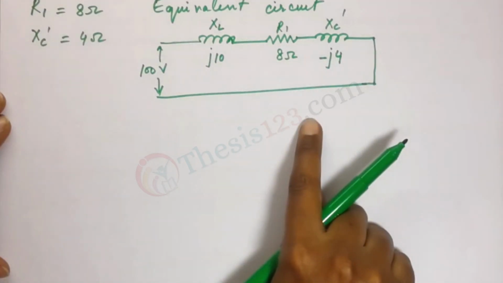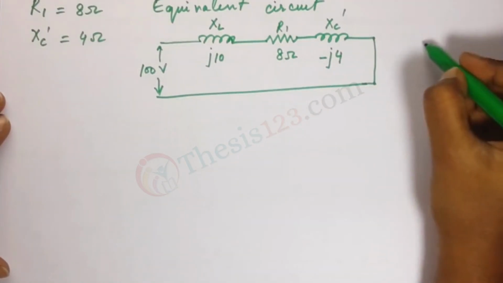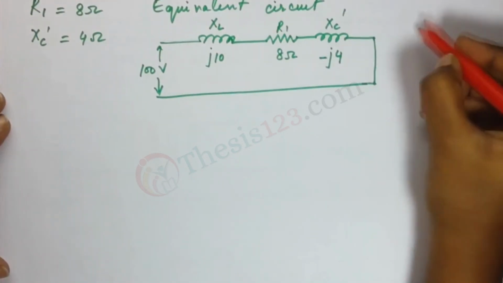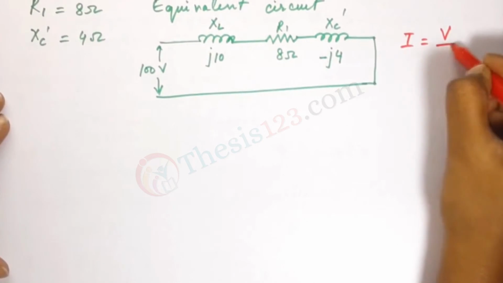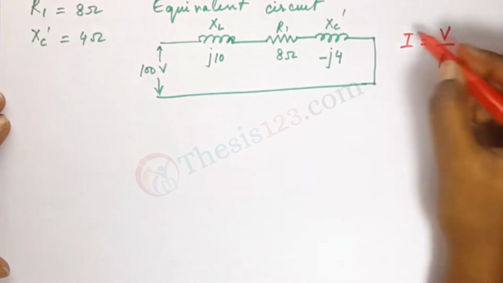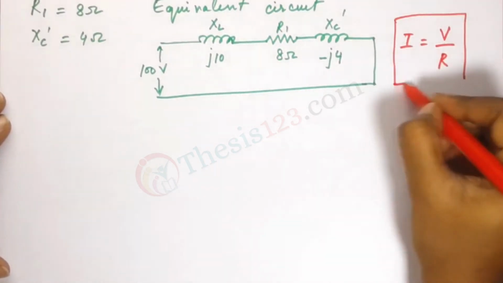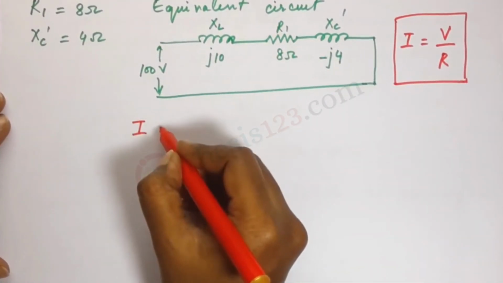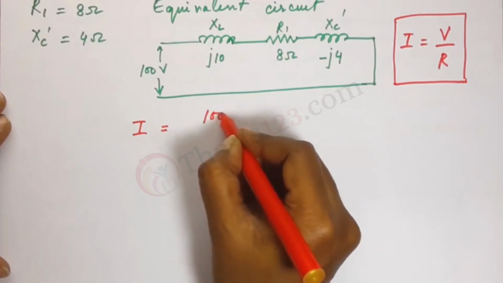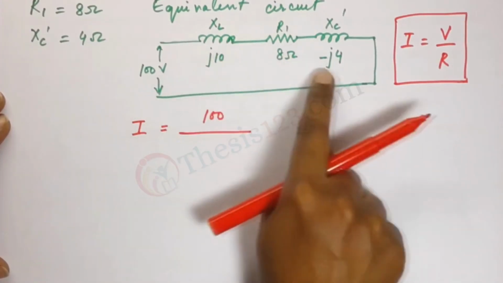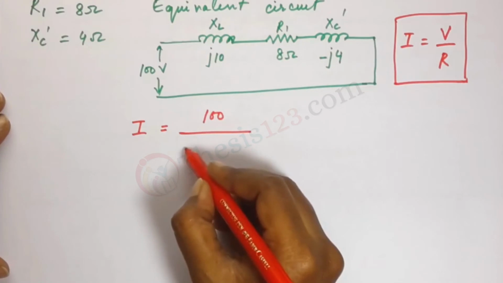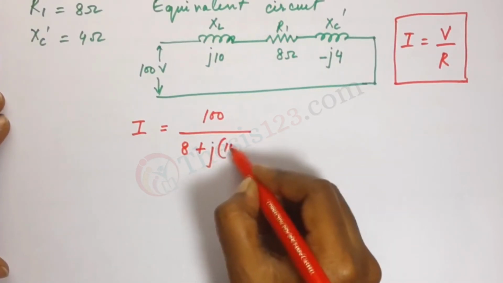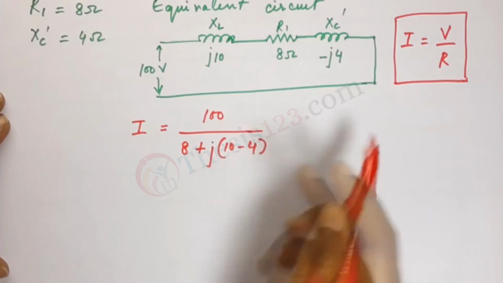Now, let's calculate. We need the current. In general, we know the formula for current: I equals V by R. Our very general formula. So let's utilize that to find our value. I is equal to 100 divided by the sum of all of this, that's resistive 8 plus j10 minus 4.